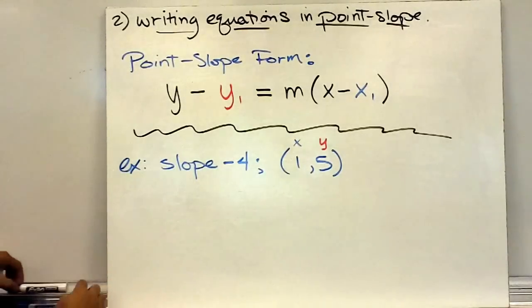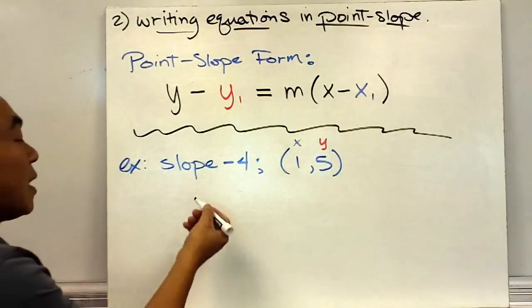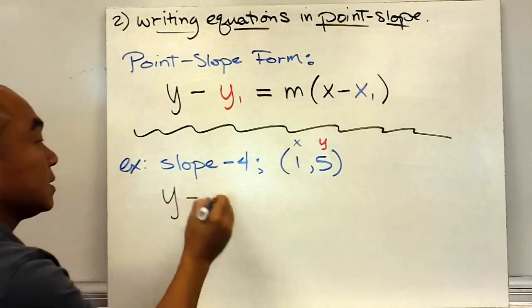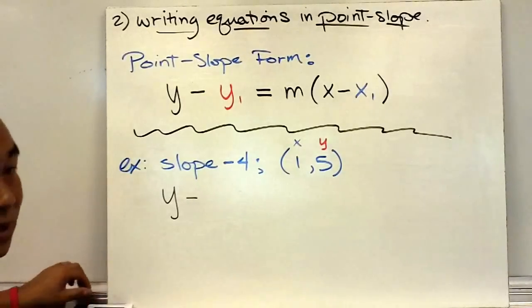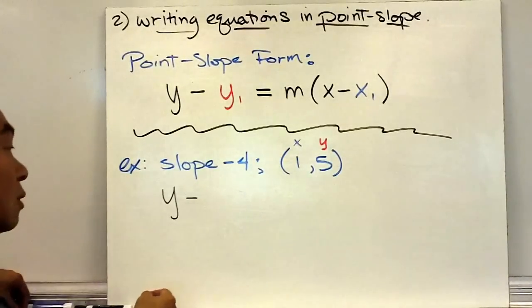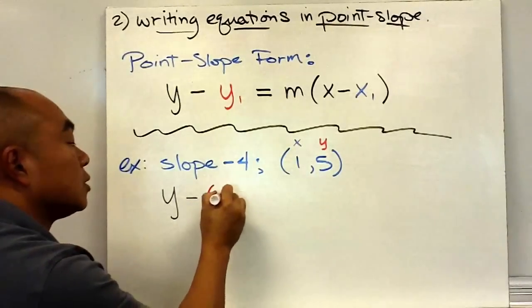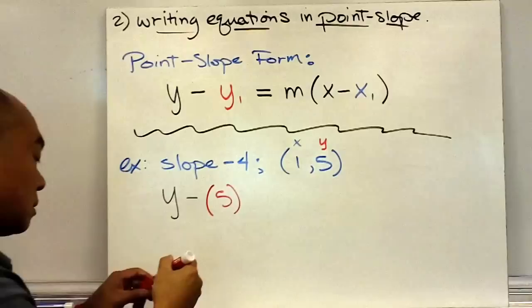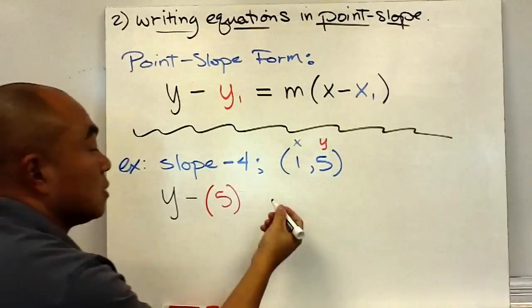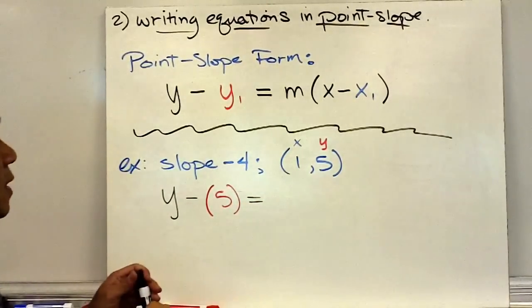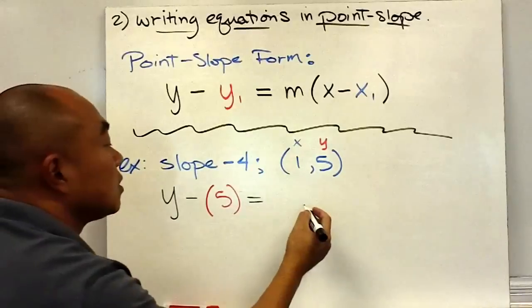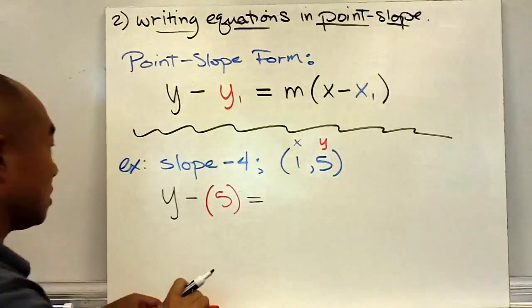Alright, let's just go ahead and fill in. So I have my y minus, and we always want to keep things in parentheses if we need to. So let's go ahead and put our y1, which is 5, equal. And then we have our slope, so let's go ahead and put our slope in, which is -4.